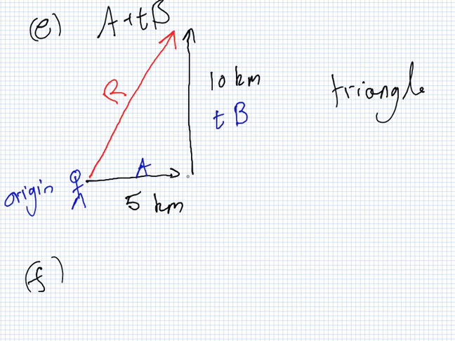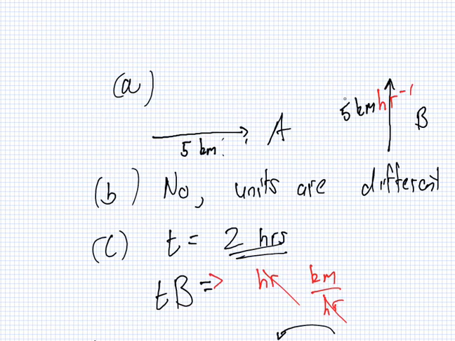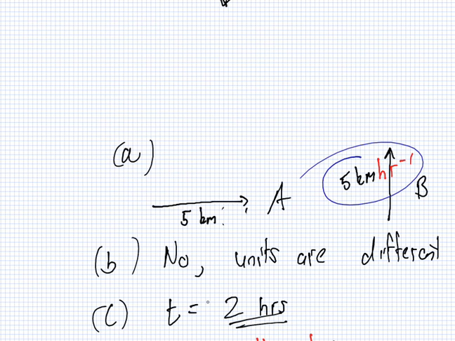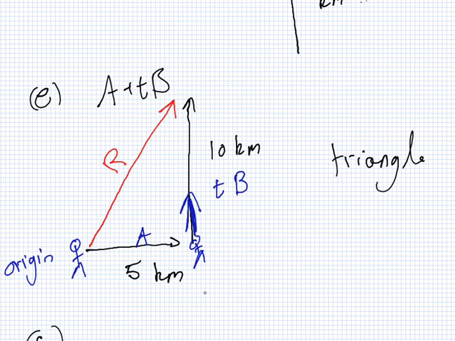And here is some other person, and they start at A, but then they are moving north with a speed of 5 kilometers per hour. If you move at 5 kilometers per hour, after 2 hours, how far have you moved? 10. So if he's 5 here, and then he moves 10 north, then he finishes here.